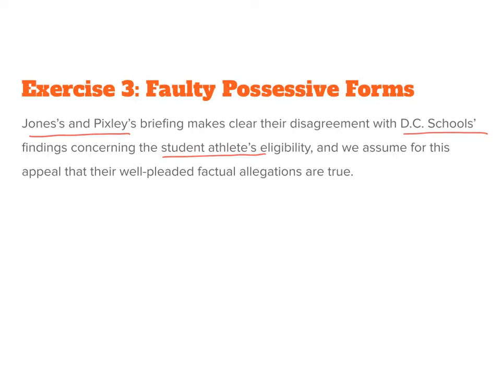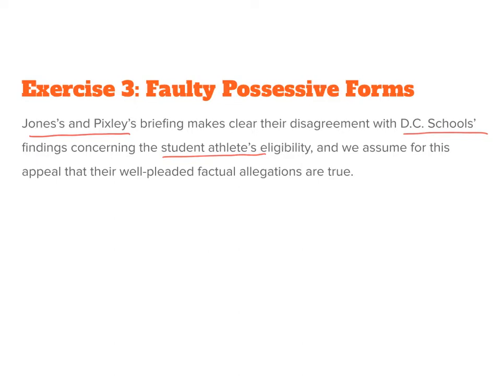The error actually is with Jones and Pixley. This is a single entity law firm. So Jones and Pixley is the law firm, and if they were each filing a brief, then it would be Jones's and Pixley's, if you want to read them as separate entities. But in this sentence, those are actually one entity.